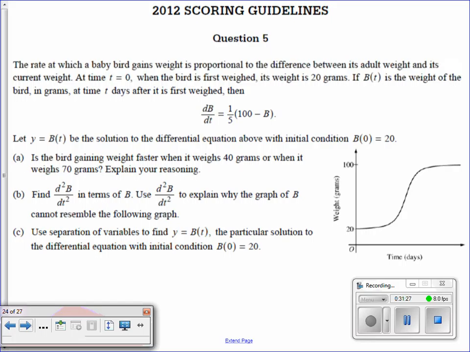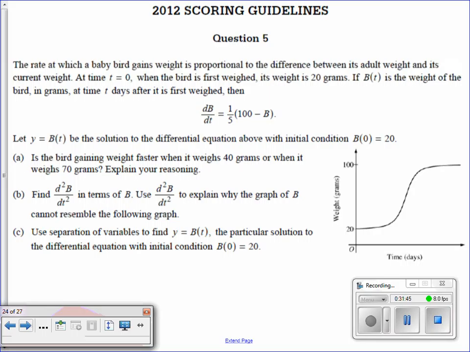How would I figure that out? Yeah, because this is already giving you the rate of change. So you're going to plug in the 40 and the 70 and see which gives you a bigger value. So you don't have to do anything big for that.